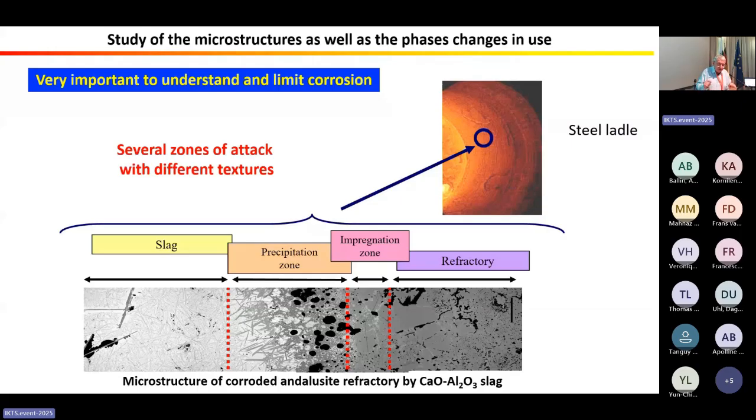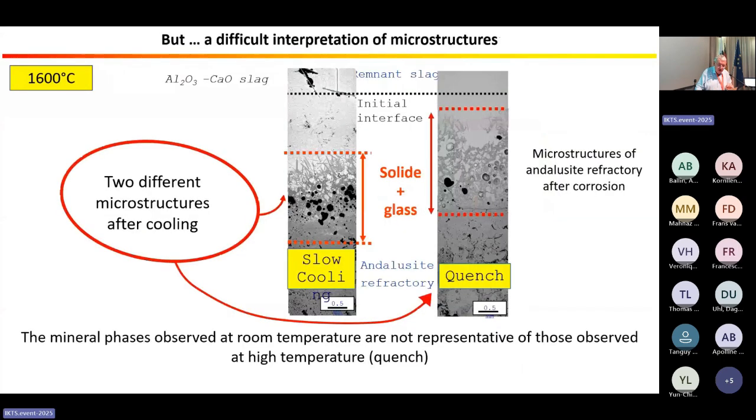We observe different zones of attack with different texture: the slag, a precipitation zone at the interface between slag and refractories, an impregnation zone, and the refractory as used. But the interpretation is very, very difficult.